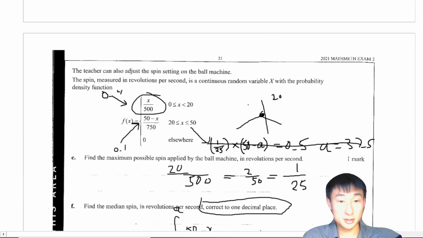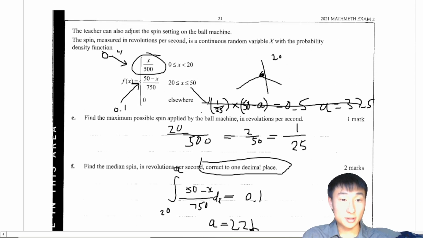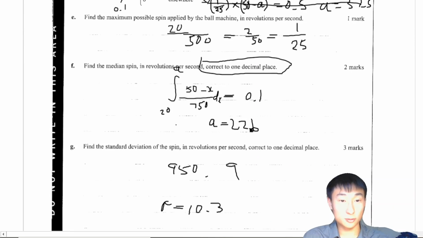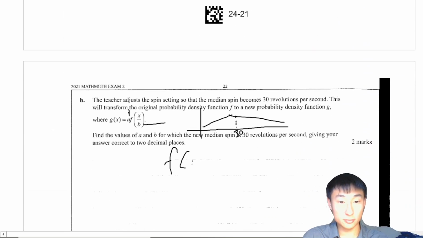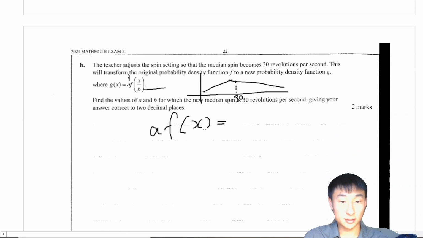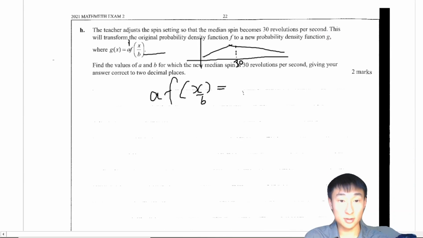Subbing it in, I could sub it in. I think I'm going to do that. It's grunt work, but I'm just going to rewrite the formula. So f of x is a f of x over b is equal to x over 500.